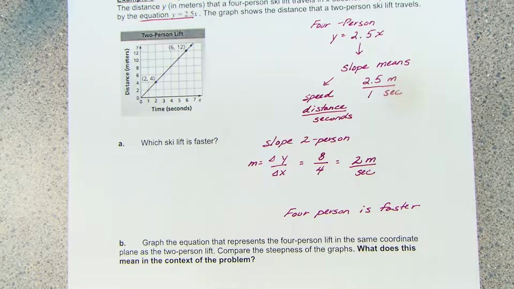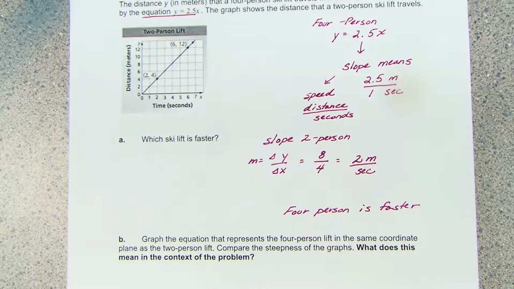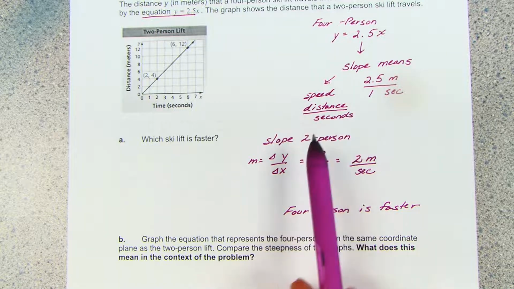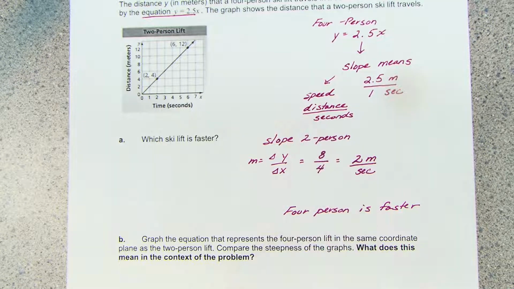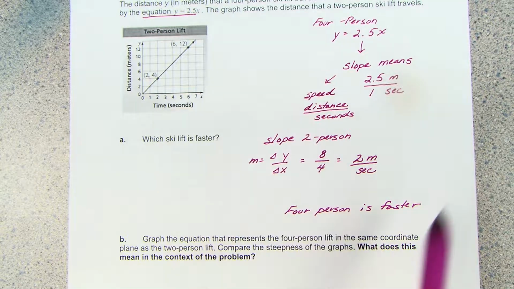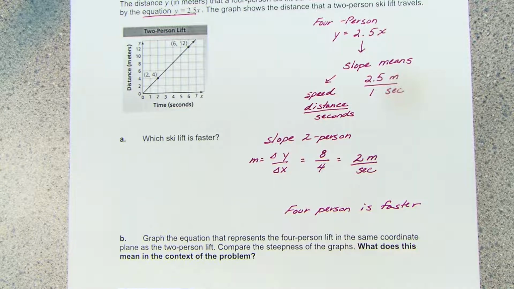It's a lot of information there, just a lot of connections to make. That slope is a rate. That's a really big idea, that slopes are rates. So we're finding the change in the y value over the change in the x value gives you a rate. Speed is a rate. It's a distance divided by a time. Right, so you can think about that lots of different ways that are all correct and all kind of tie together.